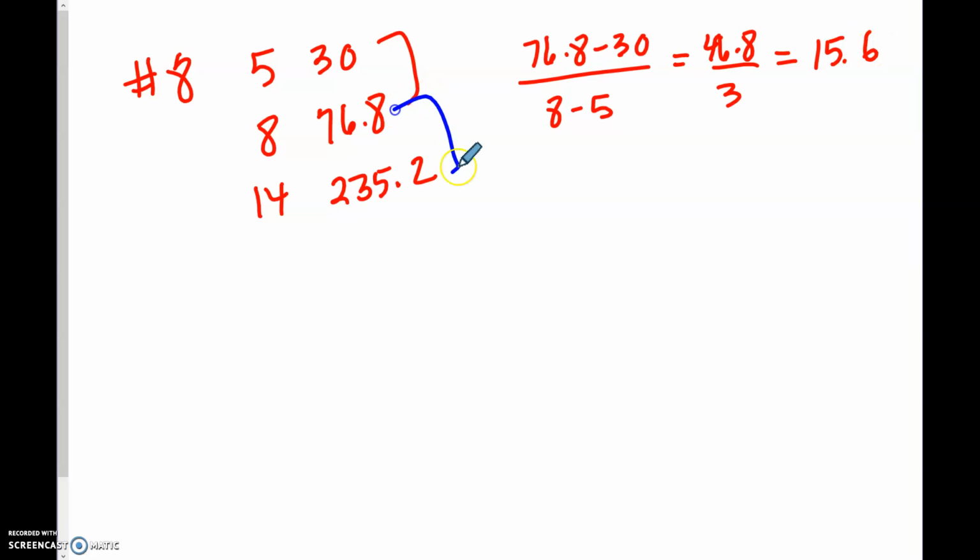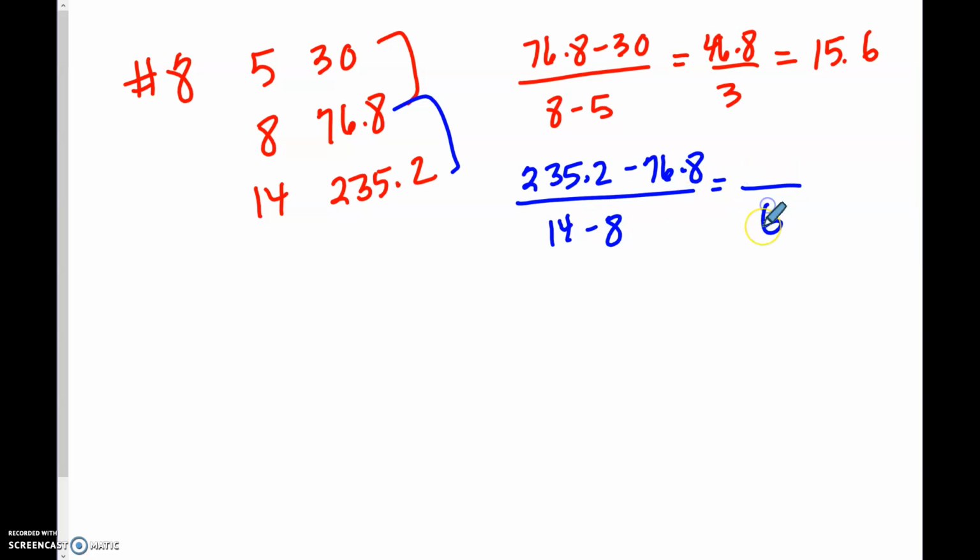Okay, now we have to do the slope here. So 235.2 minus 76.8 and 14 minus 8. So we get a 6 on the bottom, and the top is 158.4.